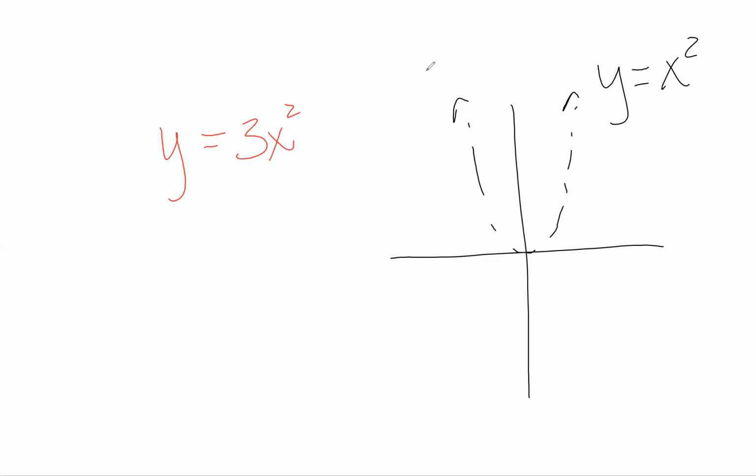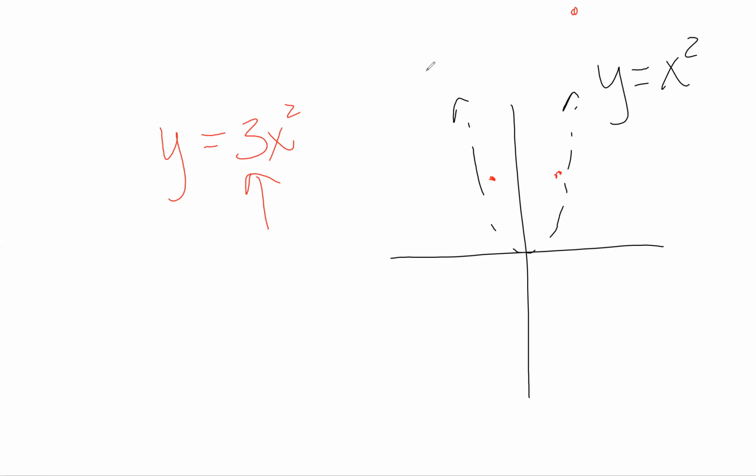What that 3 does is multiply all of your y values by 3. So all of your y values are going to get a lot bigger than they were in the original y equals x squared. You remember the point 1, 1? Now it's going to be 1, 3, and this is going to be negative 1, 3. And instead of being 2, 4, it's going to be 2, 12, way up high.